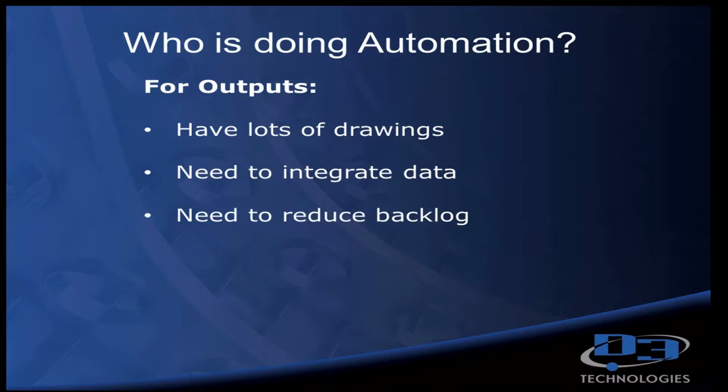But the key is, how do you reduce backlog? How do you reduce the effects of that bottleneck? Those are the things we're looking at, whether it's at the design side or the output side. It's all about reducing bottlenecks and streamlining workflows.